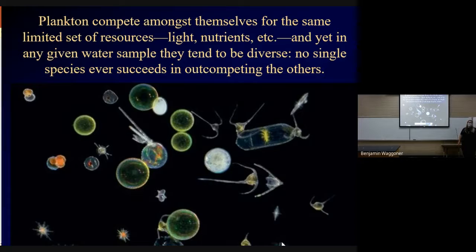So these are all single-celled. They're all photosynthetic. They all require things like nitrogen and phosphorus from the water. They're all using the same resources, and they're right next to each other. And yet, you virtually never see a water sample where one species dominates to the exclusion of all others. There's never really a permanent winner in planktonic ecosystems.